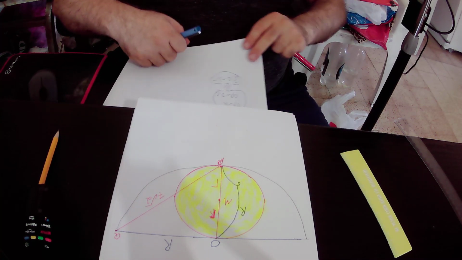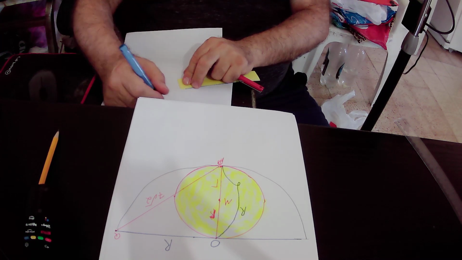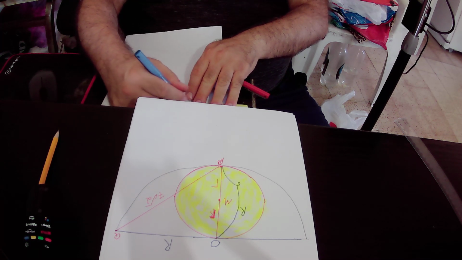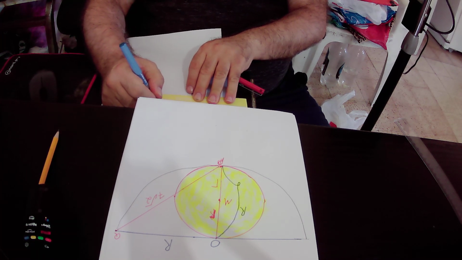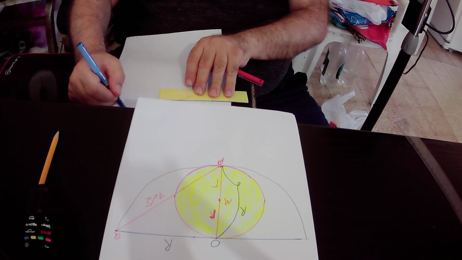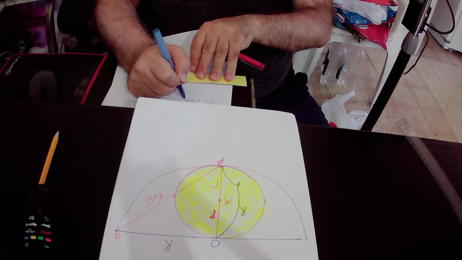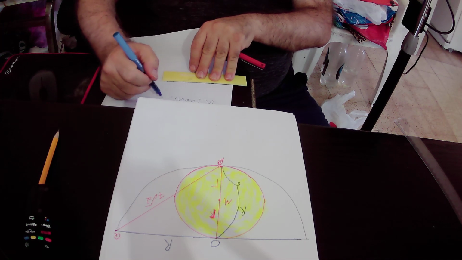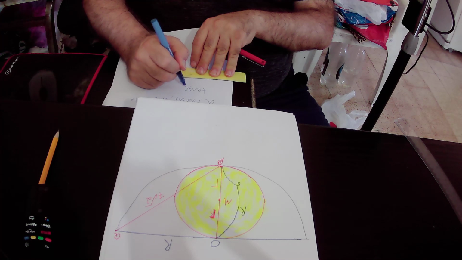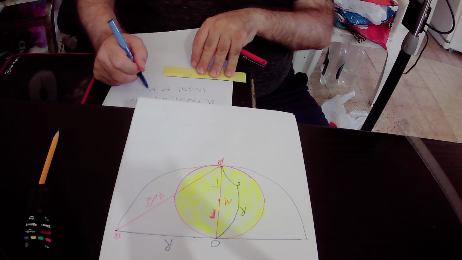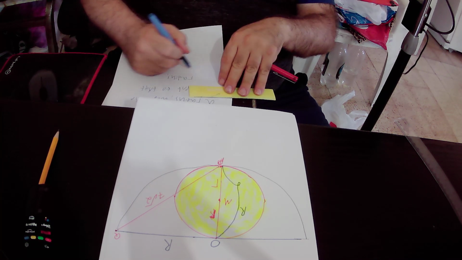And actually we have also rule number 2, and rule number 2 states that in any circle, a radius and the tangent to that radius are perpendicular to each other.